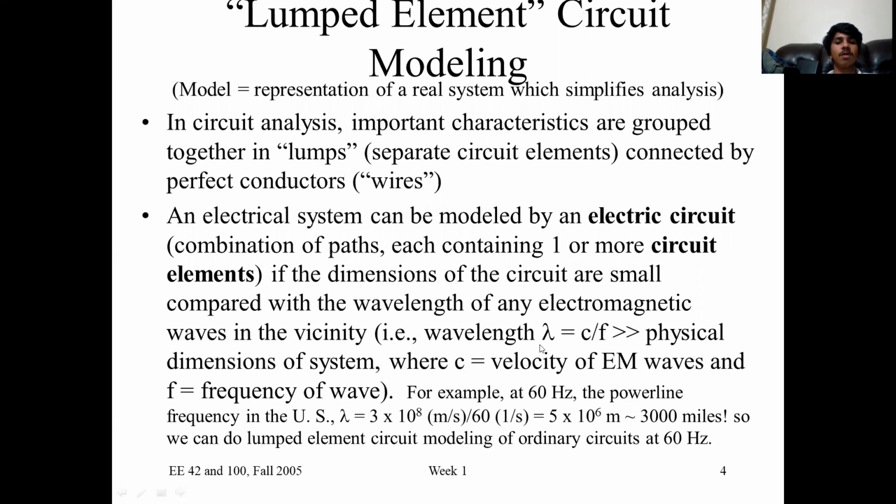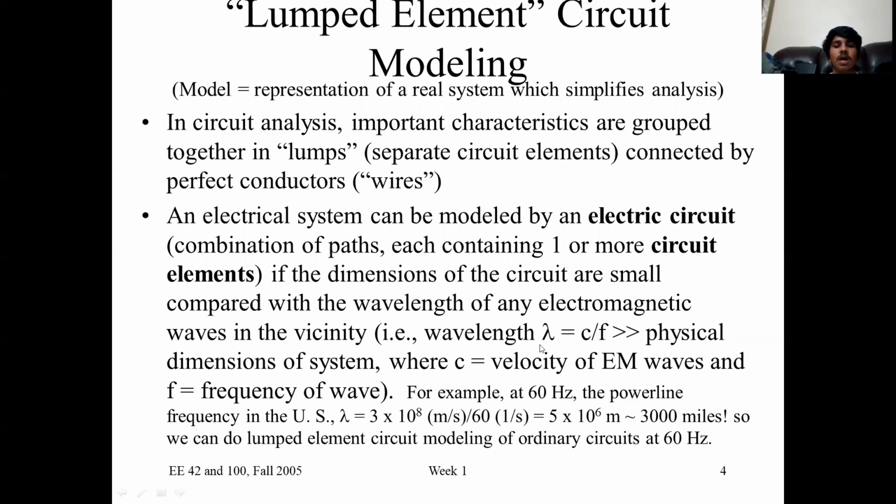If the dimensions of the circuit are small compared with the wavelength of an electromagnetic wave in space, that is, wavelength lambda equals C by F is much larger than the physical dimension of the system, where C is the velocity of EM waves and F is the frequency of waves.